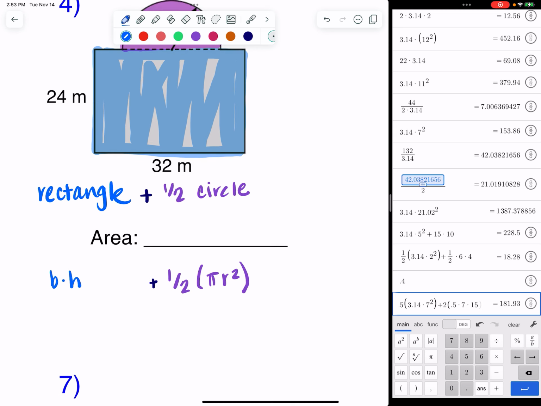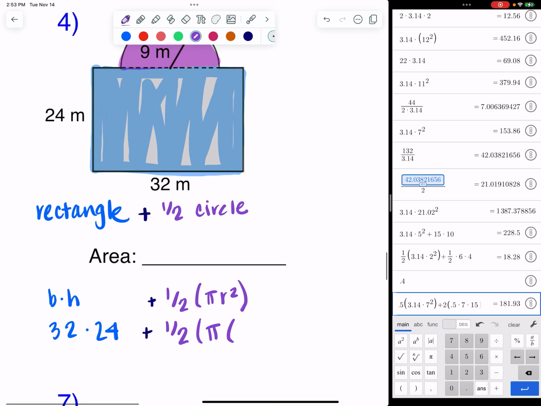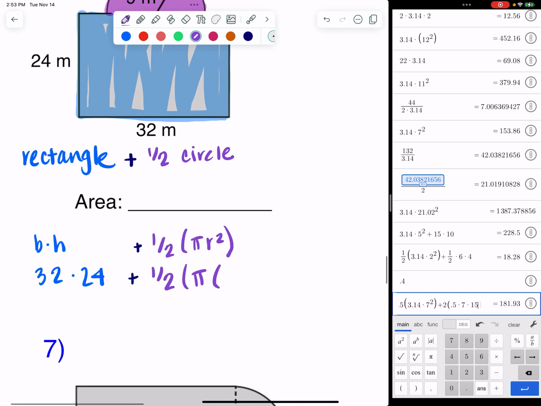For my rectangle, I have a base of 32 and a height of 24. And for my half circle, I need pi times, I have a radius of 9.